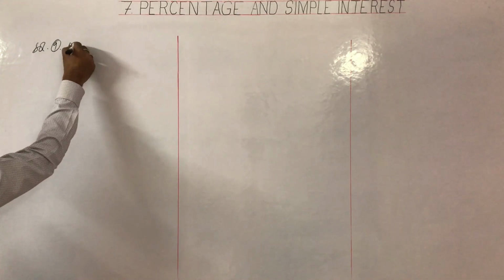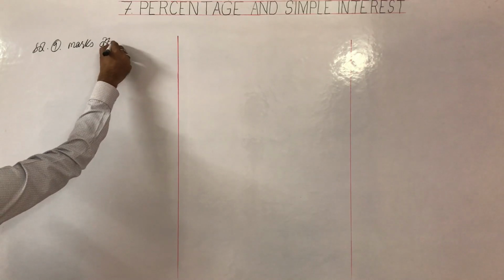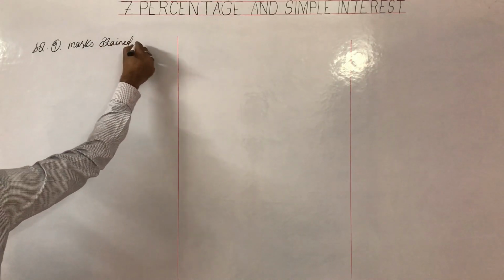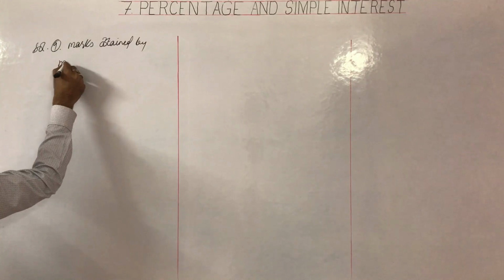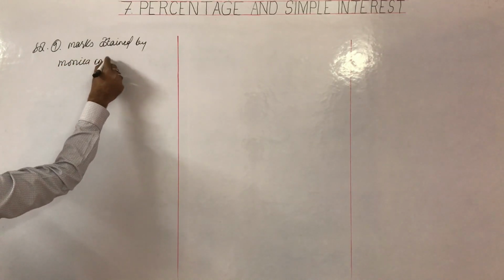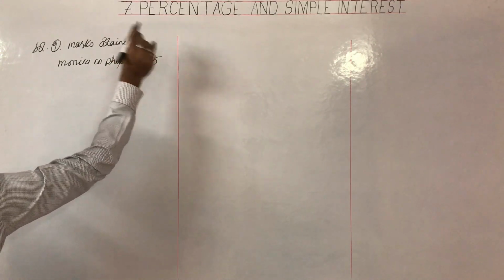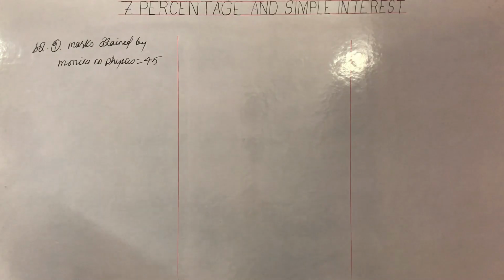So, marks obtained by Monica in physics is equals to 45. Marks obtained by Monica in physics 45.